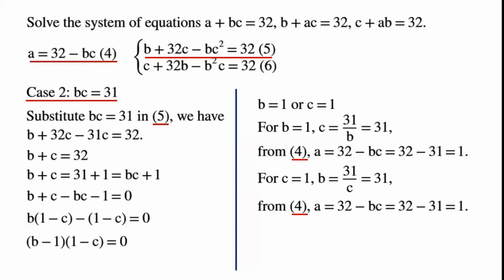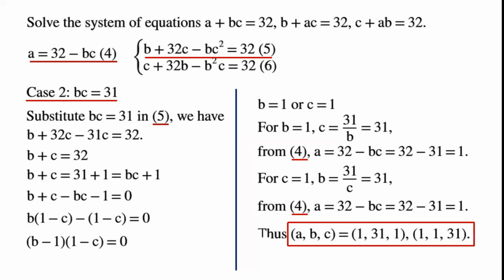From equation 4, A equals 32 minus BC, which is equal to 32 minus 31, which is 1. Thus, A, B, C equals 1, 31, 1 and 1, 1, 31.